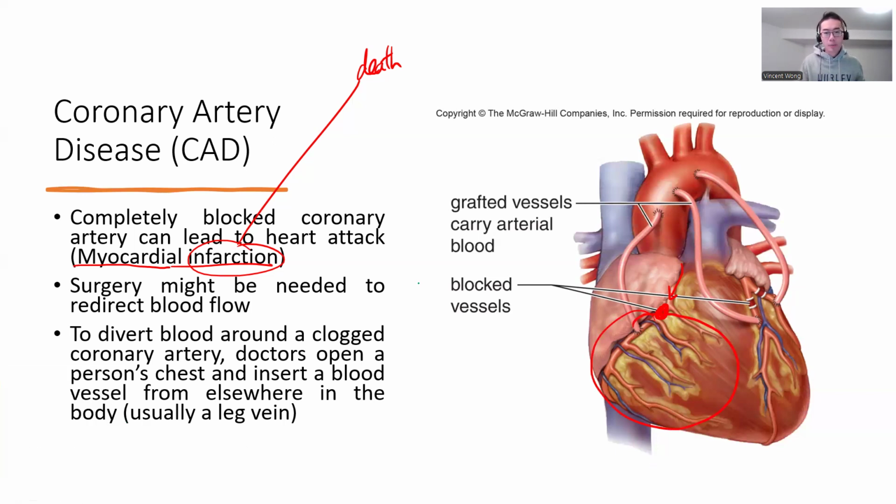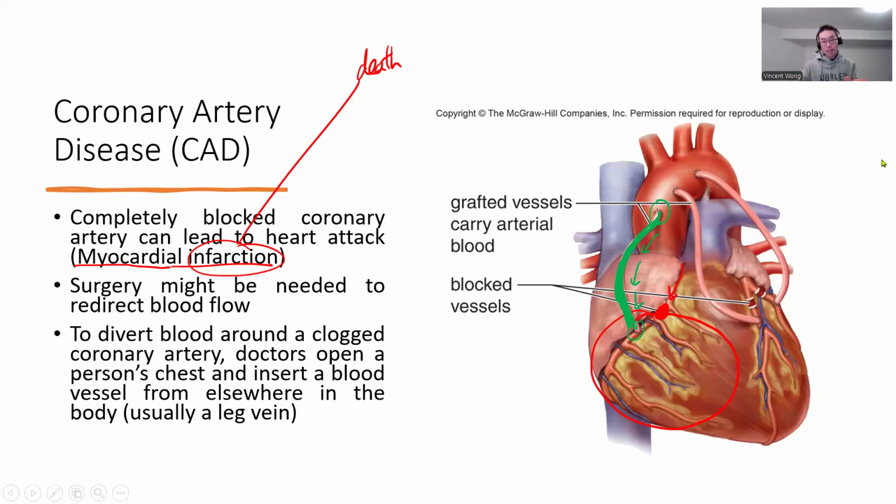So in coronary bypass, this vessel is not supposed to be there in the heart, but they take it from the leg. You have a lot of overlapping ones in the leg, so it's not going to be a problem. You take one, and then you stitch it directly to the aorta on one end, and the other end goes downstream of the block, and then basically it restores the blood flow.